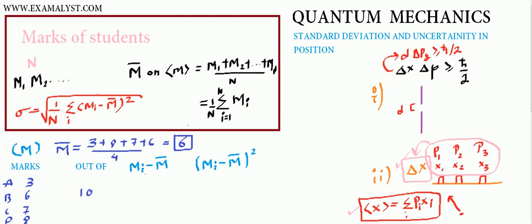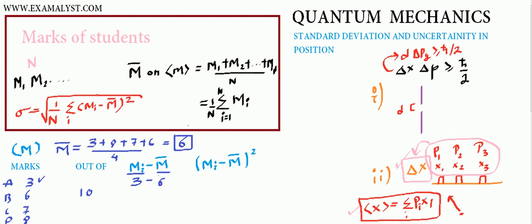Now, A has got a mark of 3, so how far is A from the average? Here mi means the mark of A, and m bar means the average of the class of 4 students. The mark of A is 3, and the average of the class is 6.